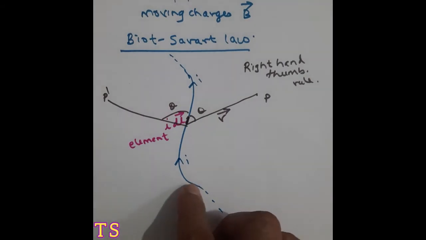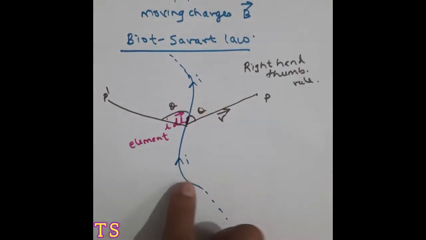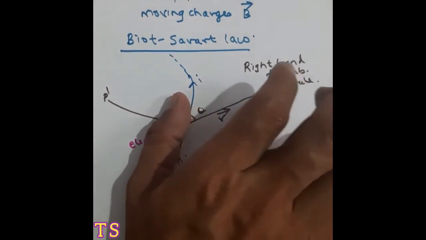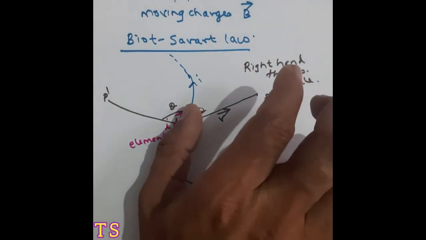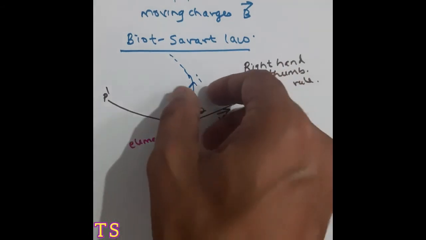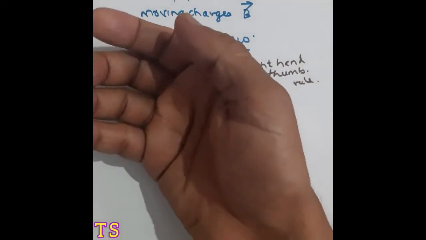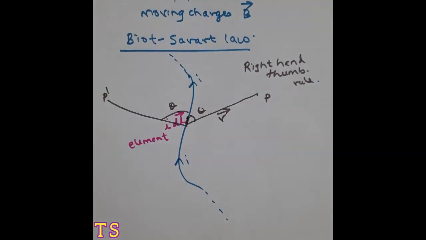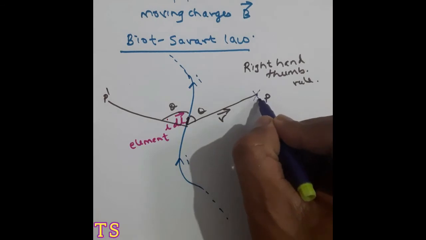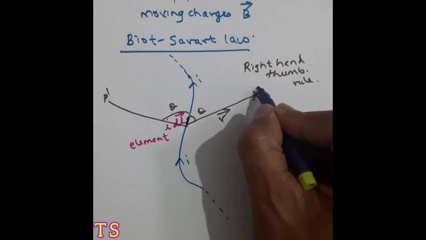So if this is my conductor, current is flowing this way, and I curl my fingers, then my fingers at point P are going inside. And if I imagine, these fingers will go somewhere here and will come upward. So that means the field at point P is going inside, and we show this with a cross mark.